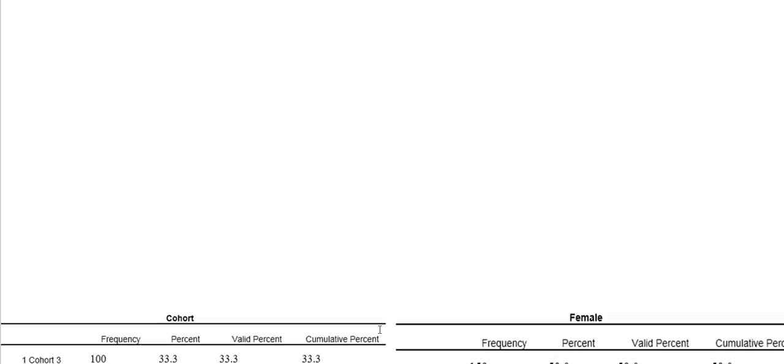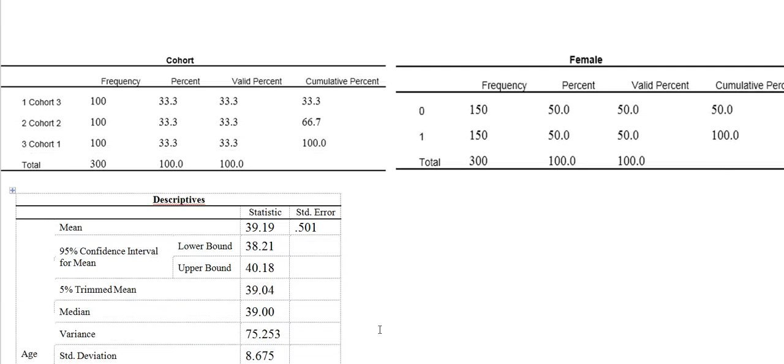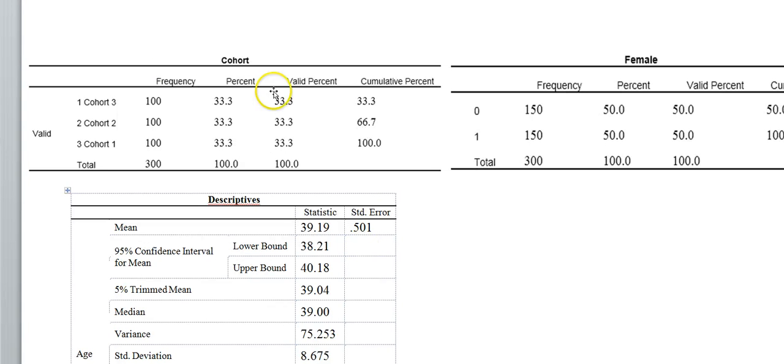So then you run that, and what you'll get is a frequency box for the cohorts, which we have here, and you'll notice that the first one that shows up is cohort 3, which is the most recent. In other words, they're in year 1, and so that's cohort 3.